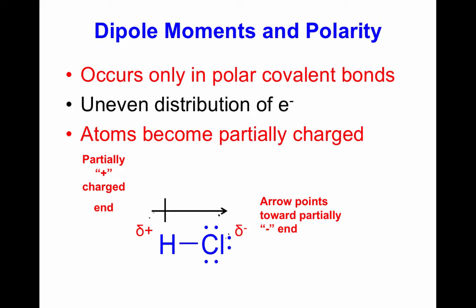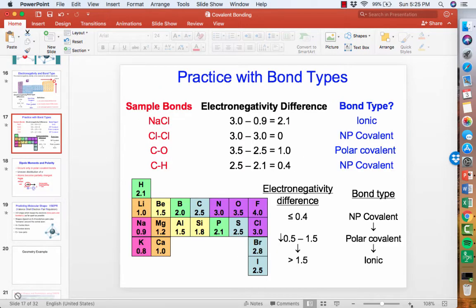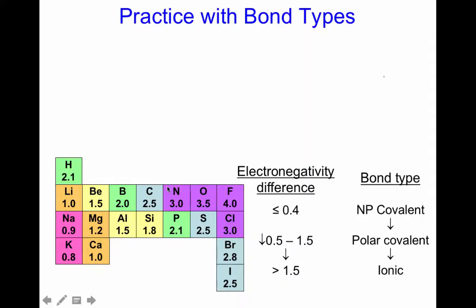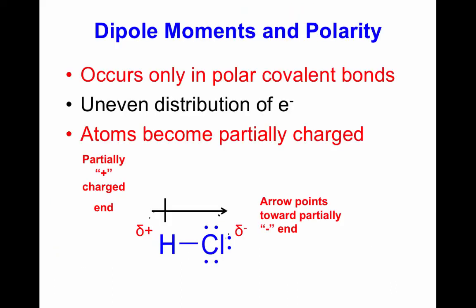You can determine which has a partial positive charge and which has a partial negative charge by the electronegativity. So if we backtrack to look at the values, chlorine has an electronegativity of 3, hydrogen has an electronegativity of 2.1. Okay, so now that we know that, chlorine has a higher electronegativity, therefore it is doing the pulling of the electrons.